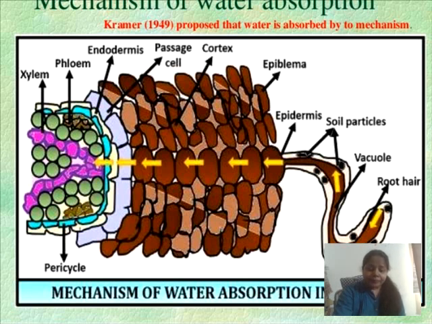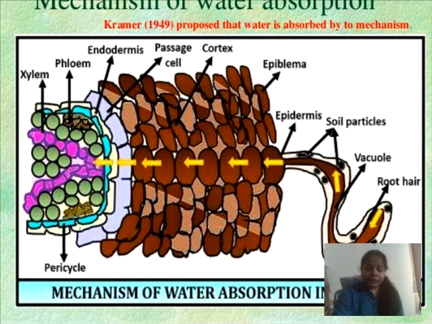There are possible ways how the water reaches the root cells, that is moving from root hair to the epiblema, cortical cells, and then the endodermis, pericycle, and ultimately the xylem.